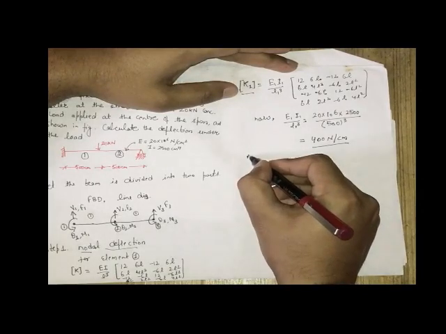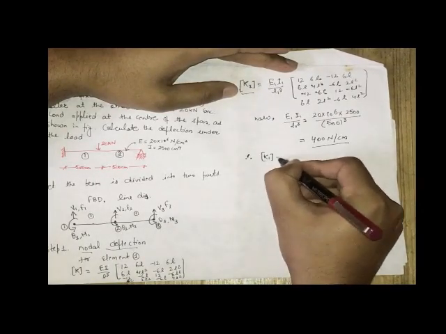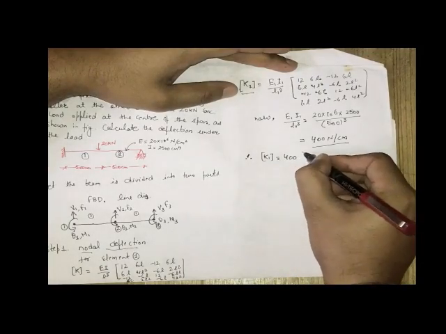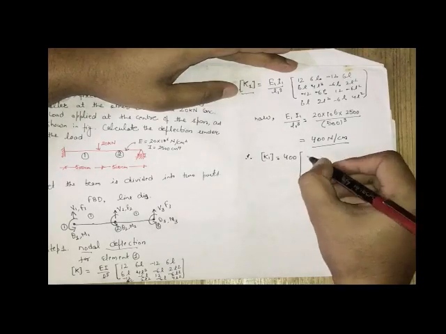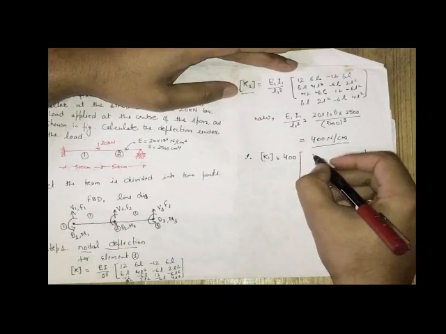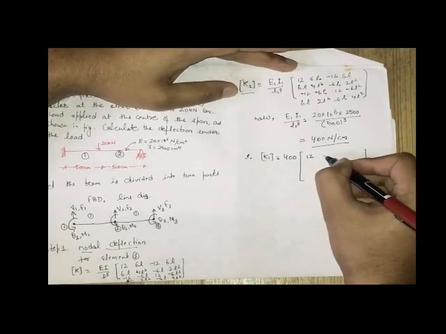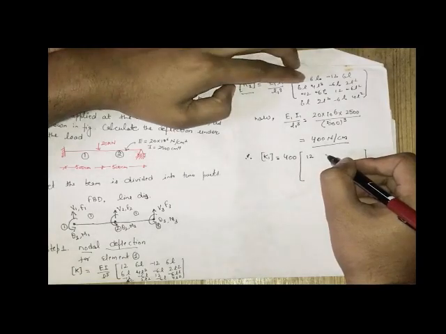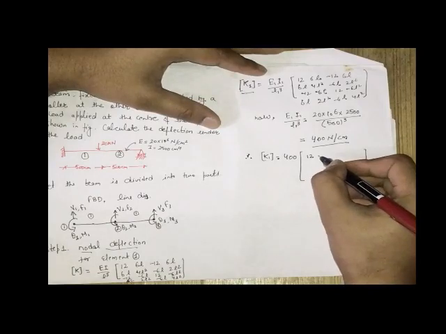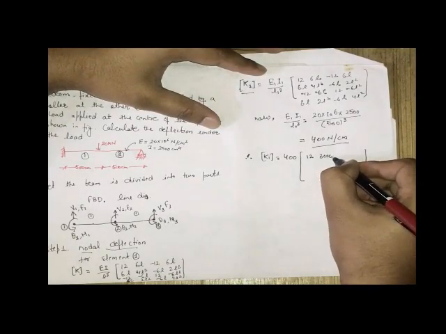Therefore K1 is equal to the value of EI by L, that is 400, again in the matrix. Here it will be 12, 6L, and multiplying 6 into the length of the element, that is 500, 500 into 6, that is 3000.